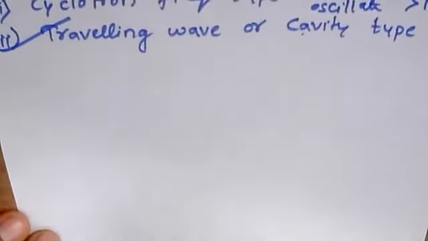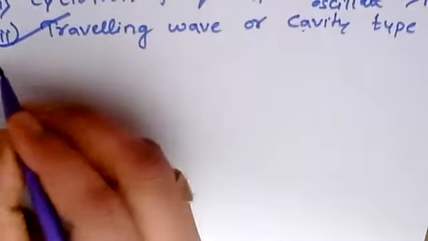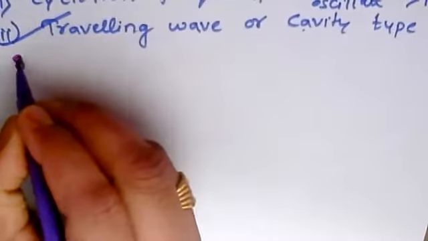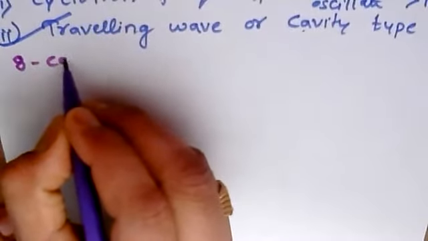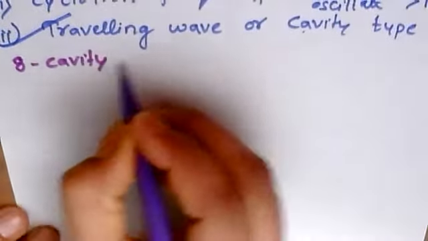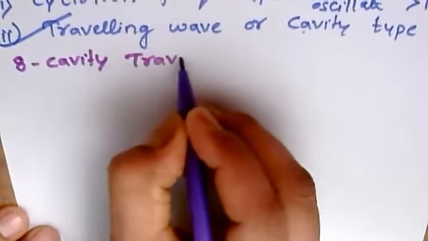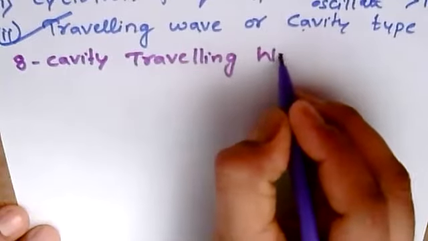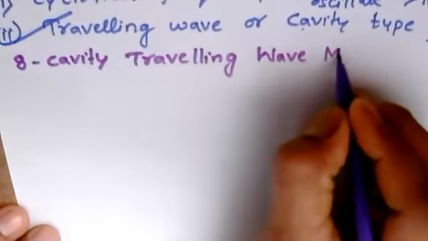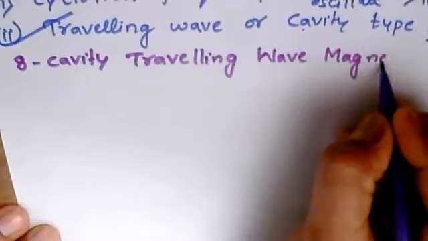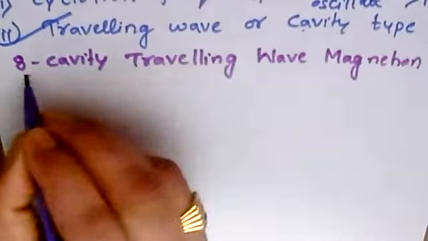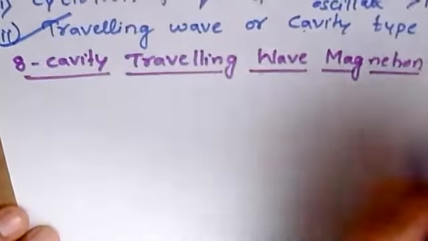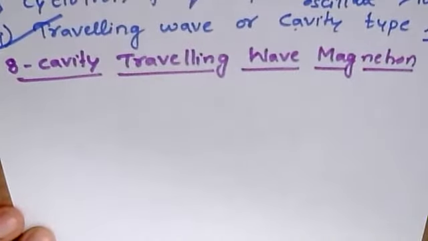Now let us move to the topic, which is called the cavity type, and here we are making use of 8 cavities. So it is called the 8 cavity traveling wave magnetron. This is the topic which we are about to discuss now.